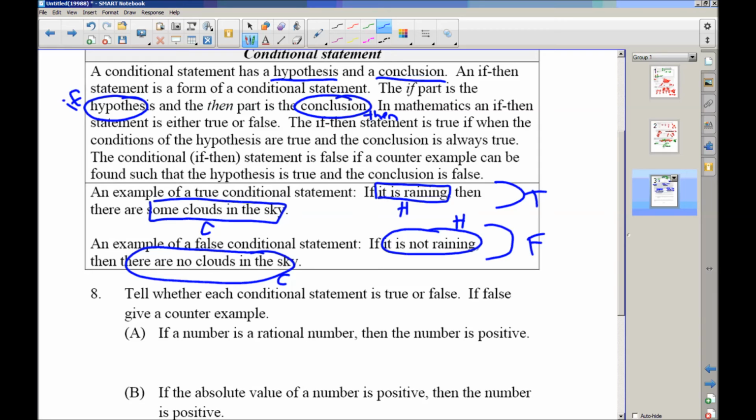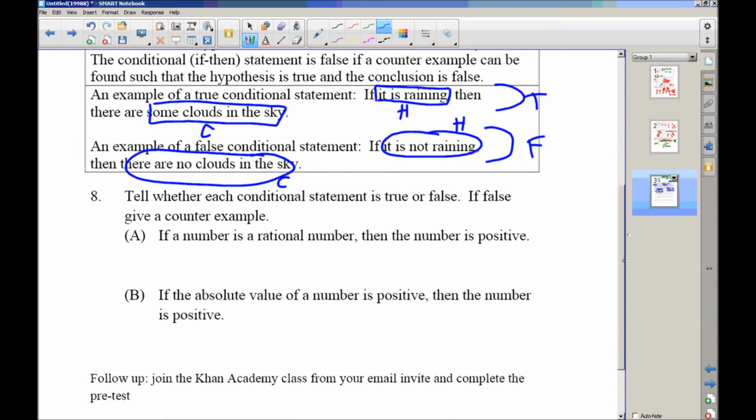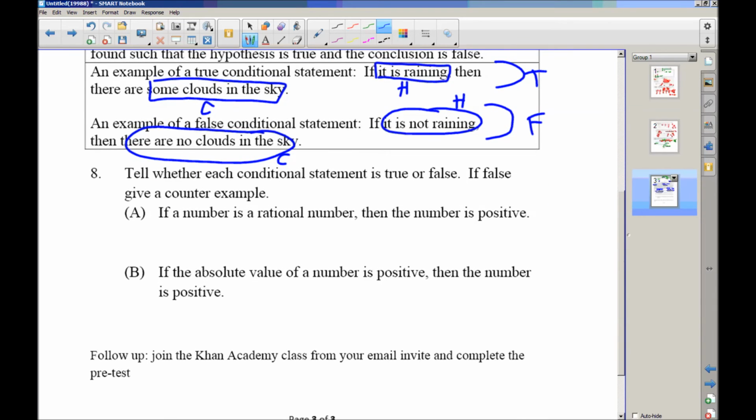We go outside, it's not raining, but there are clouds above us. There are always going to be some clouds in the sky for most days in Germany. So this would be false because I found one counterexample. On Friday, September 23rd, 1965, Joe went outside, it wasn't raining, and he saw clouds.